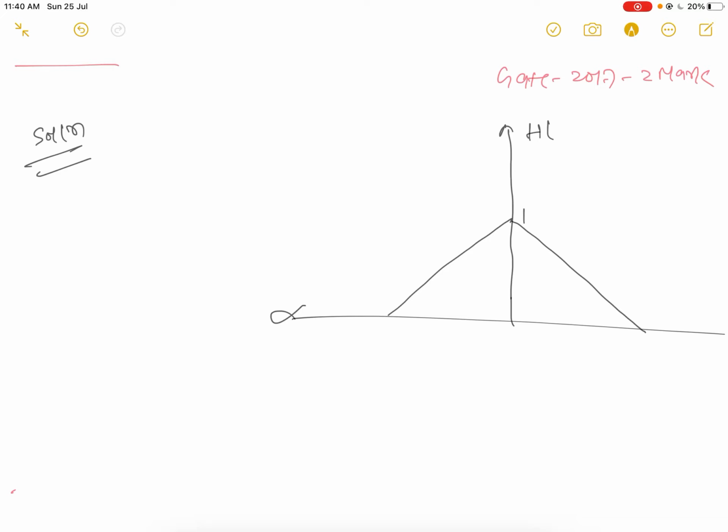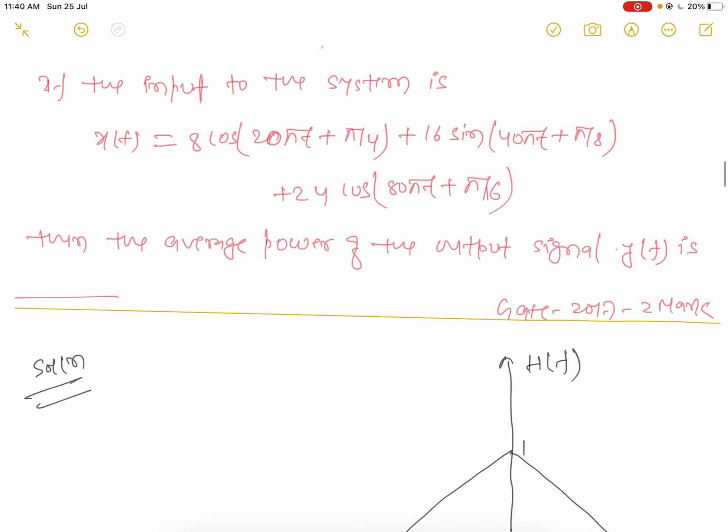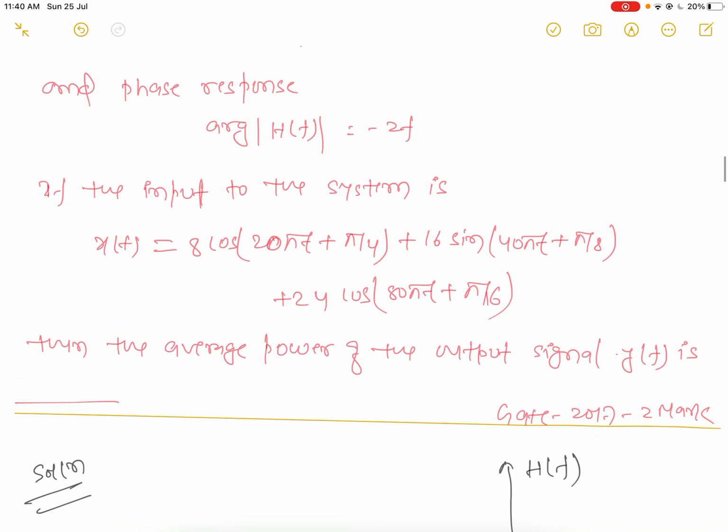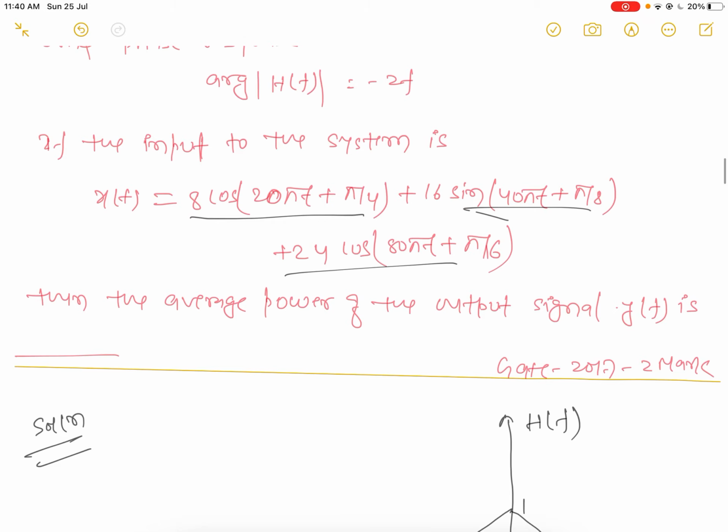Magnitude 1, minus 20, plus 20. Now H(f) is given, and x(t) is given. Check which signal will pass.